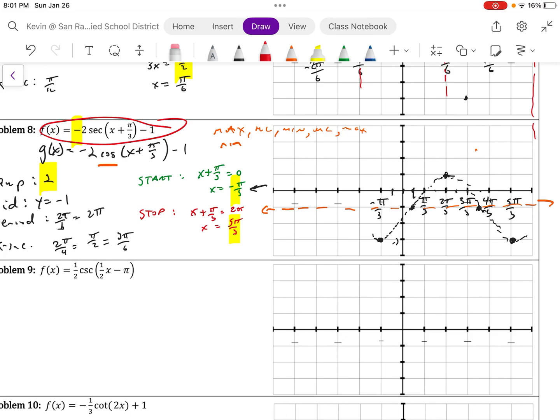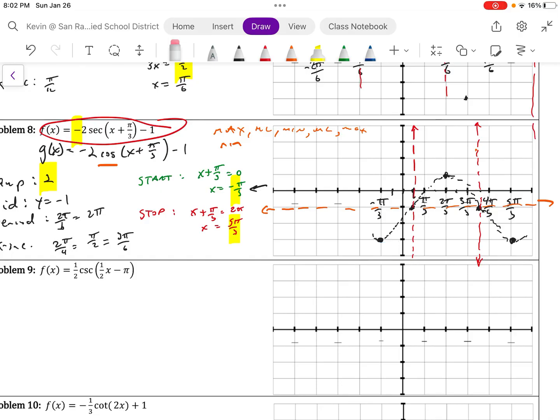But that's not what we want. We want secant, ultimately. So first we need to put in our asymptotes. Wherever my graph crosses the midline, right there, that's where my asymptotes go. And then we do this in blue. So here I would have this graph going down. And again, I'm doing one period.